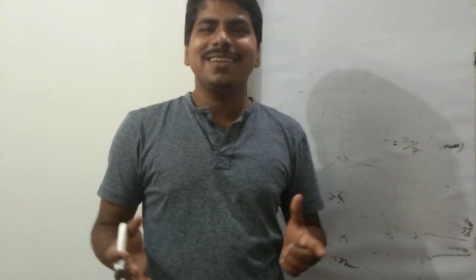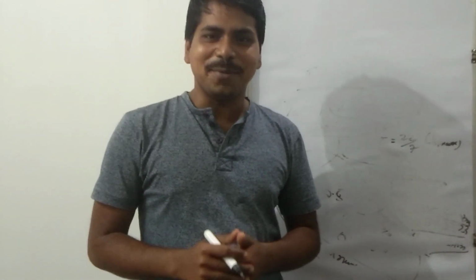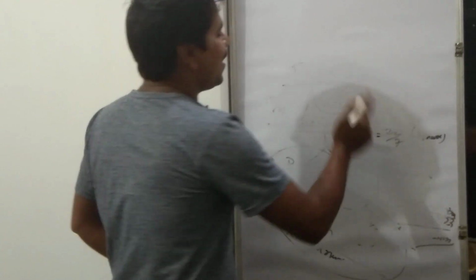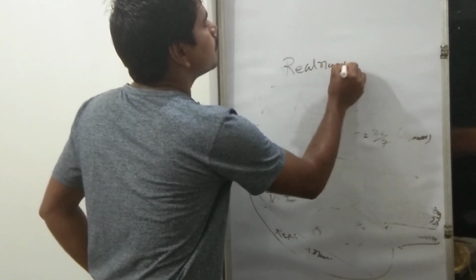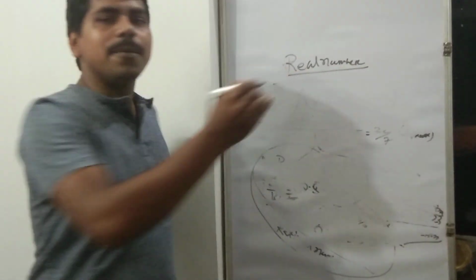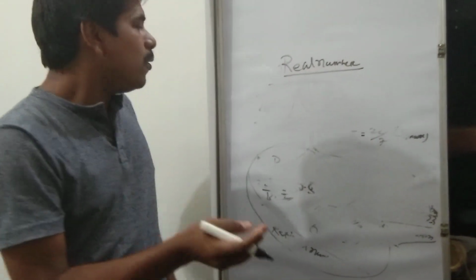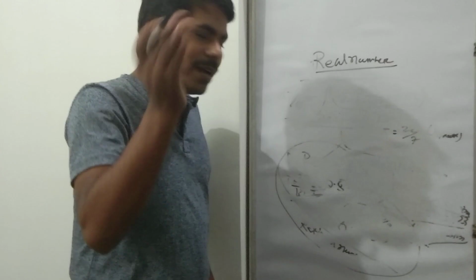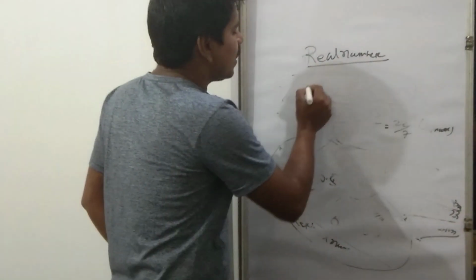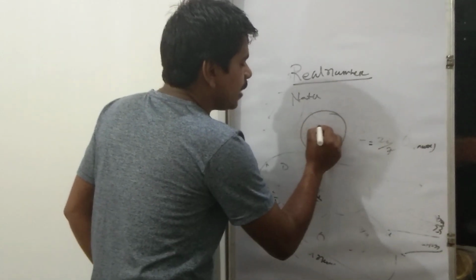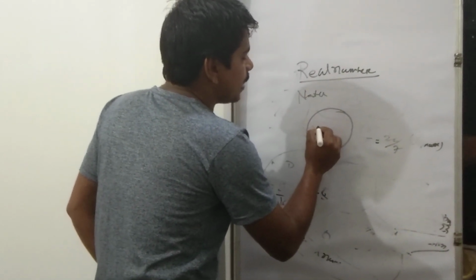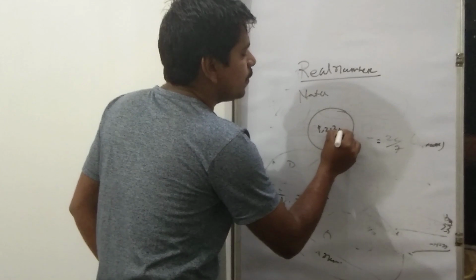Now you think, what is the real number? Yes or no? Now discussion of the real number. Before the real number, you go back to what I taught. Our first one is natural numbers, that means 1, 2, 3, 4.